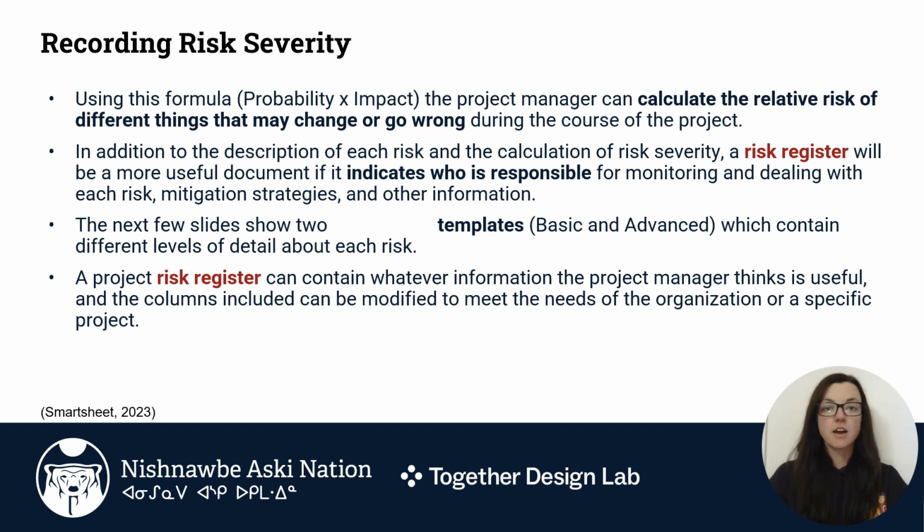The next few slides will show two templates, one basic and one advanced, which contain different levels of detail about each risk. A project risk register can contain whatever information the project manager thinks is useful, and the columns included can be modified to meet the needs of the organization or a specific project.